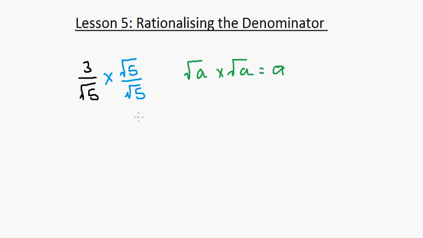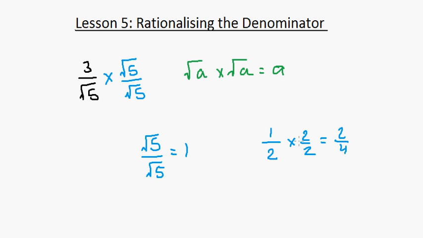Before we go any further, we're not changing its value, because root 5 over root 5 is 1, and when you times anything by 1, it does not change its value. Say we have a half, and we times it by 2 over 2, it's 2 over 4. That's still a half. 2 is half of 4, right?